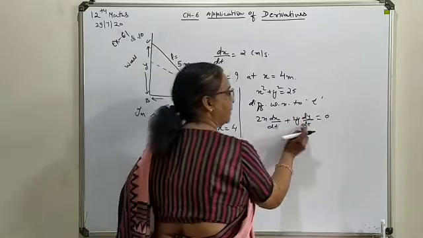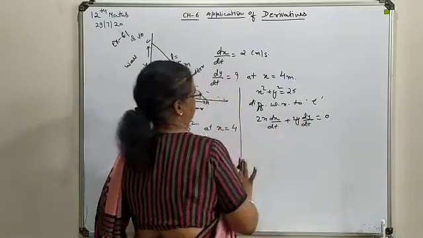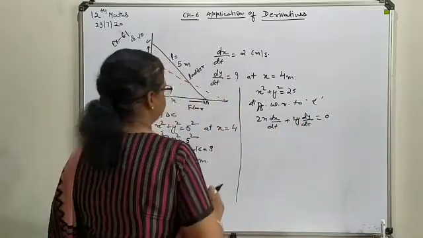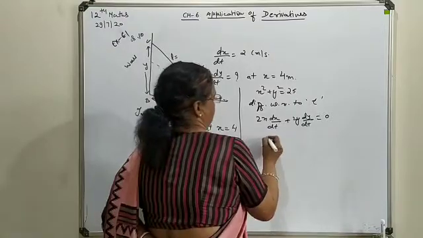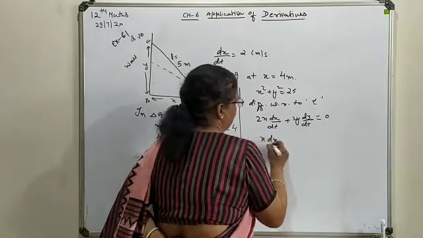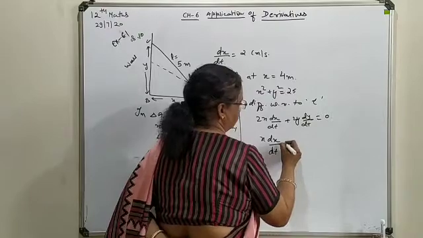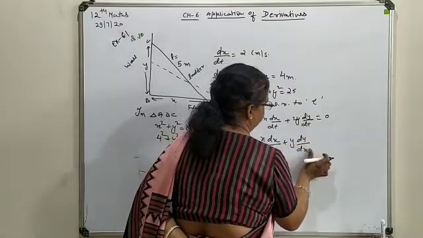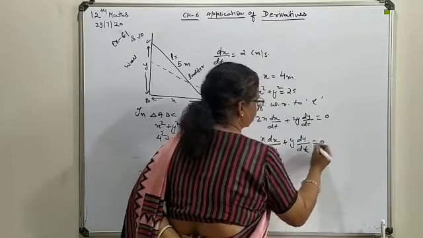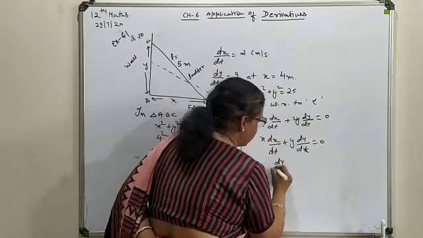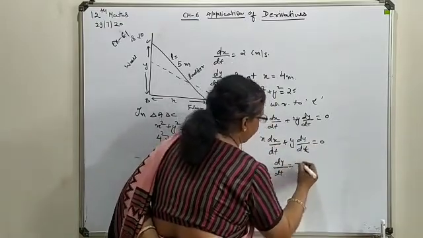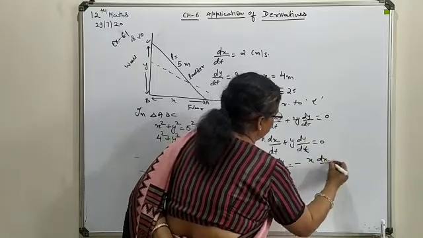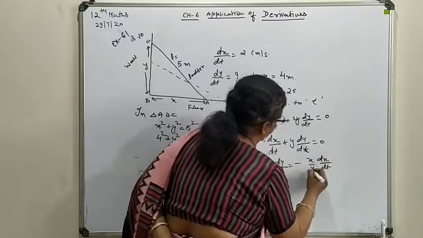Now here we have to separate out dy by dt. From here dy by dt will be minus x dx by dt upon y.